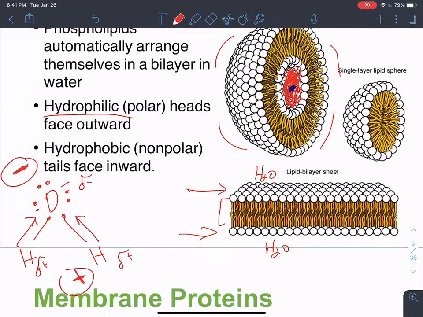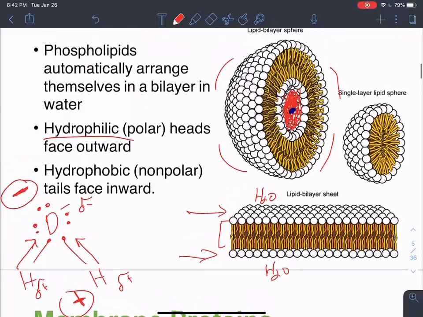Stuff that is like each other likes to be around each other. So these tails in here, they are non-polar. They don't like being around polar water. But the head groups are polar and they like being around polar water. So hydrophilic means that it loves water. That's polar. Water's polar.